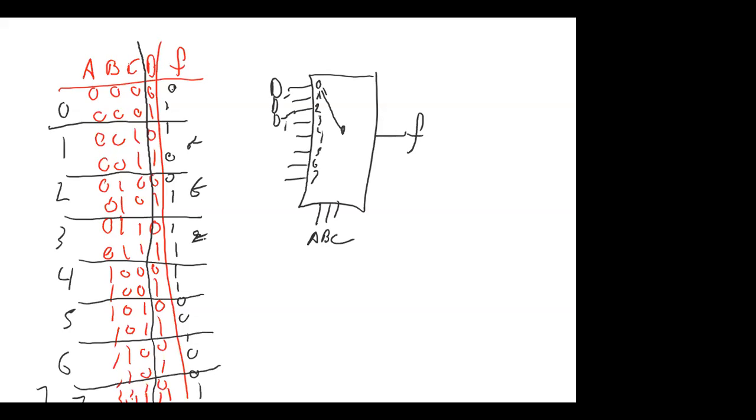That's a 1. And what about over here? 1. 1 again, you bet. And what about this one? 0. And what about this one? D prime. And what about this one? D. That's D. And that's it.